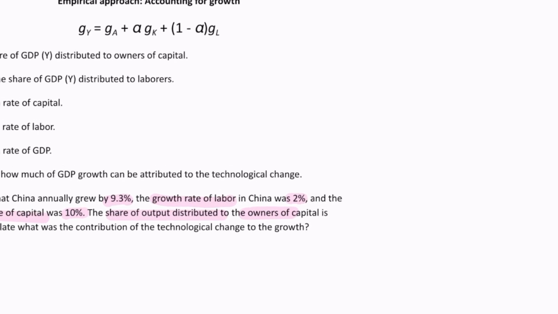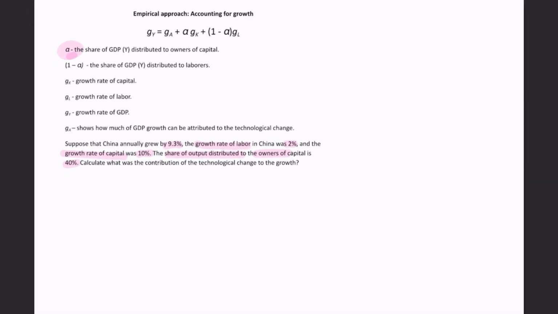So the rate of growth was 9.3, which is GY. And then you have GA, which shows how much can be attributed to technological changes.